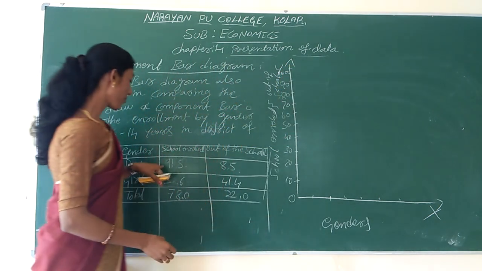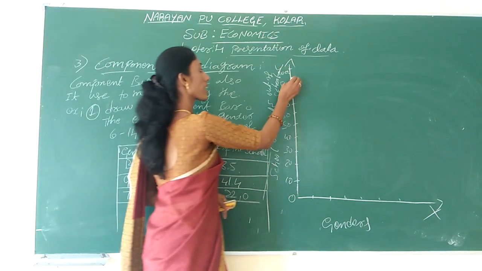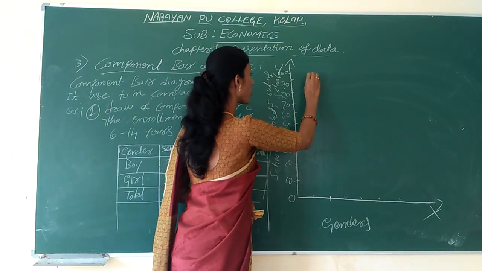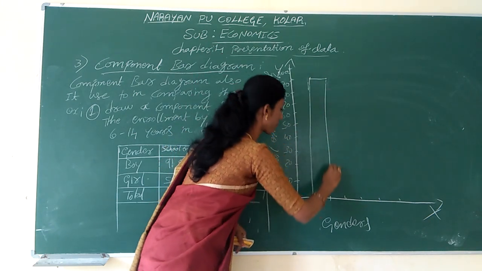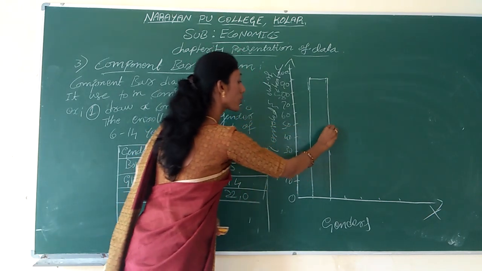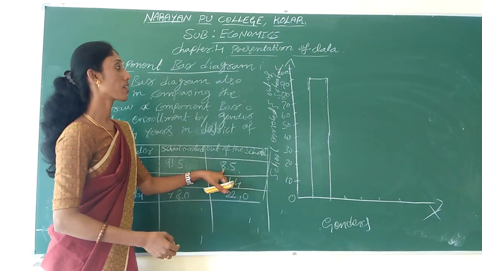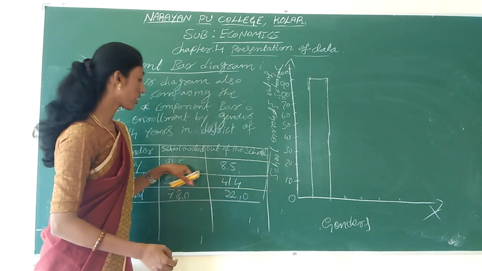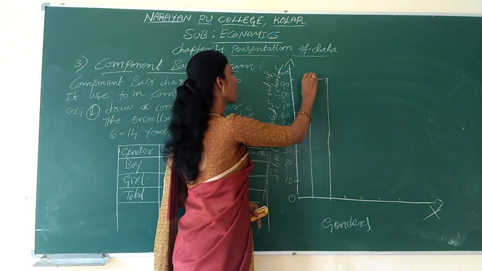Now, first, boys' school enrollment is 91.5. Take 90 and one point above, that is 91.5. The same bar we need to continue for the 8.5. After 91.5, if we add 8.5, we'll get 100.